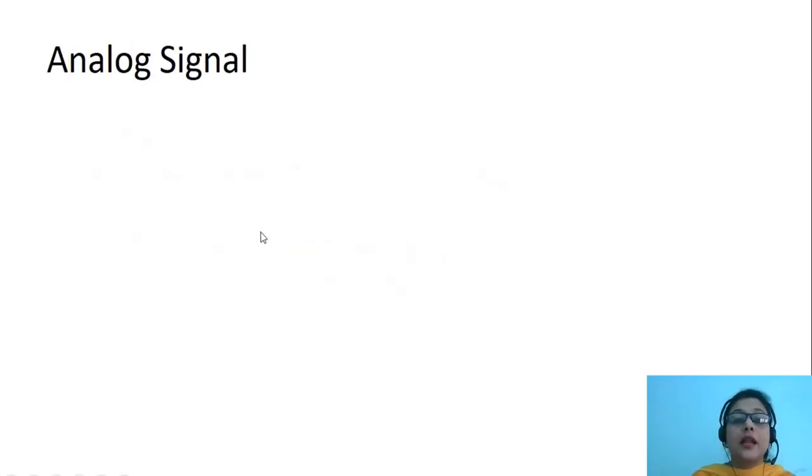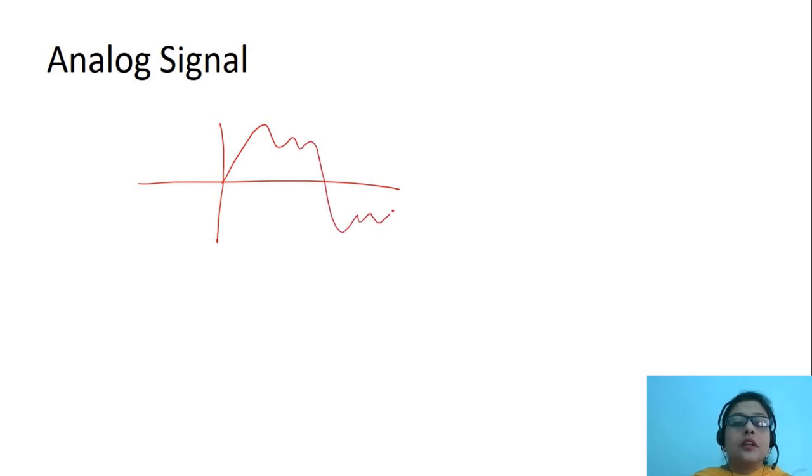Let us learn what an analog signal is all about. Now, let me draw one signal here. This is an example of an analog signal. We can see that along the y-axis, we are plotting the amplitude of the signal. Along the x-axis, let's say we are plotting time.